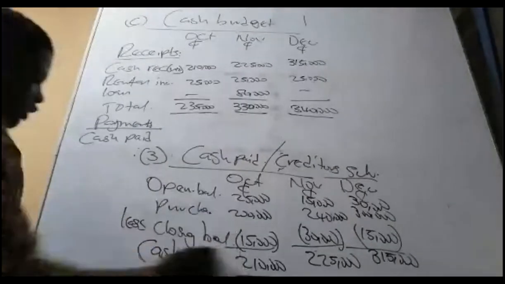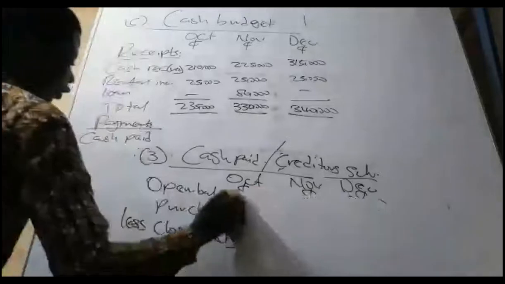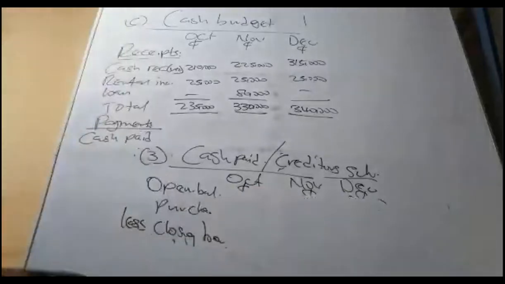So I'll take all this section off and go look for them. The format remains the same. It has not changed. So creditors balance at the start of the year will be, let's go to the question.